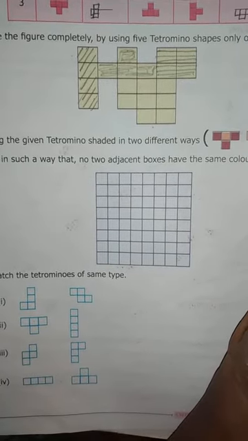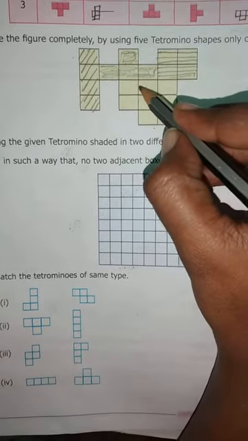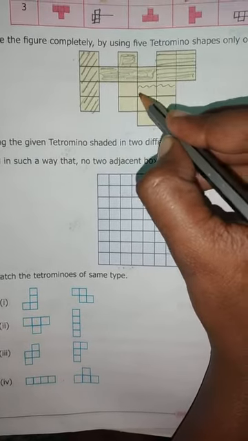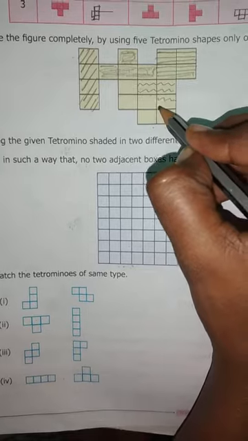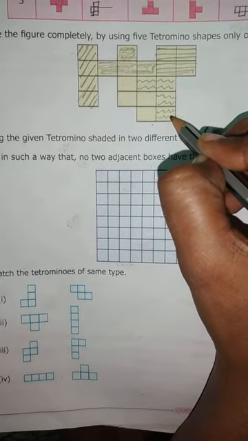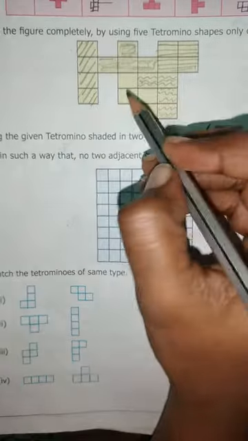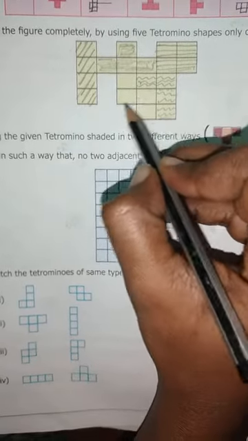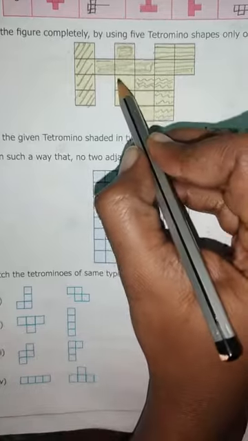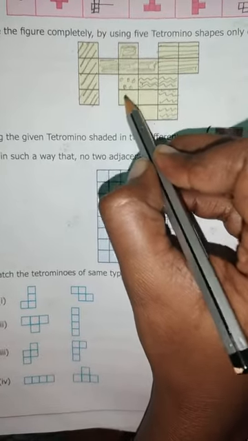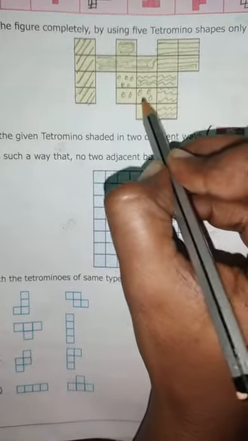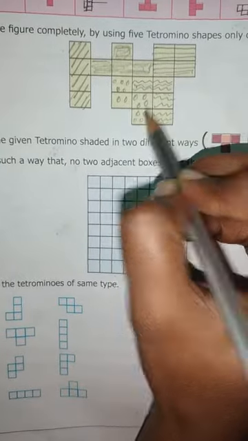And we still have to find 2 more tetrominoes, that is this one, L-shaped tetromino. And the fifth tetromino is this Z shape. Then we can put some other symbol. These are the 5 shapes of tetrominoes.